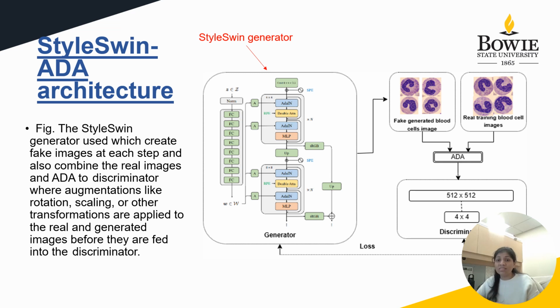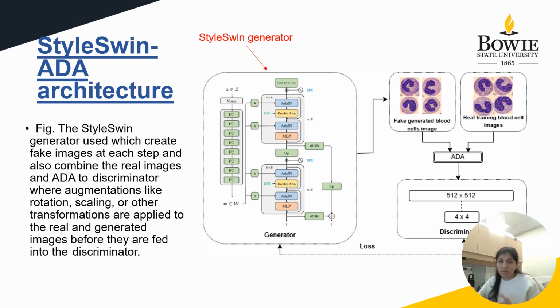The generator takes latent vector Z and produces the style vector W through fully connected layers, using adaptive instance normalization for the style control and Swin transformer blocks. The generator architecture progressively upsamples features starting from the learned constant input, applying double attention and multi-layer perceptron at each resolution to produce high quality images.